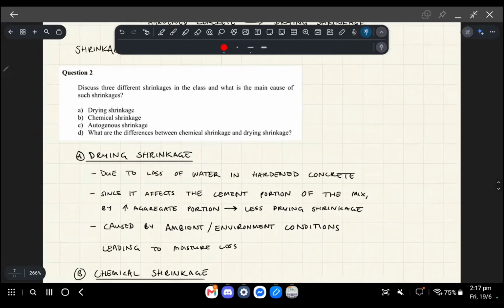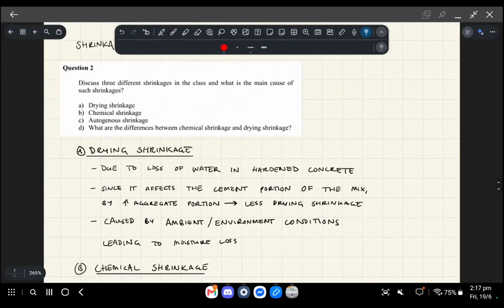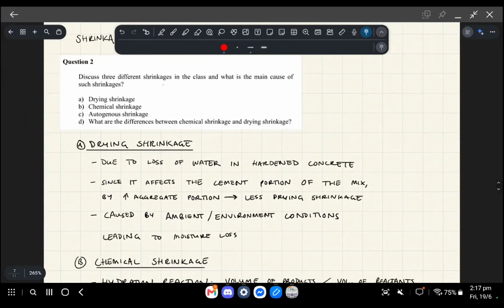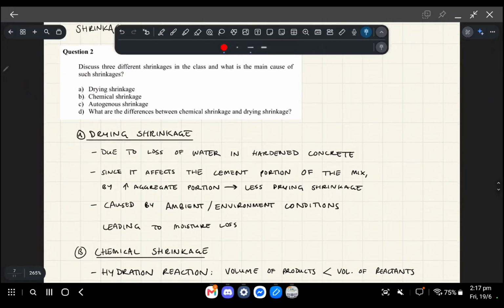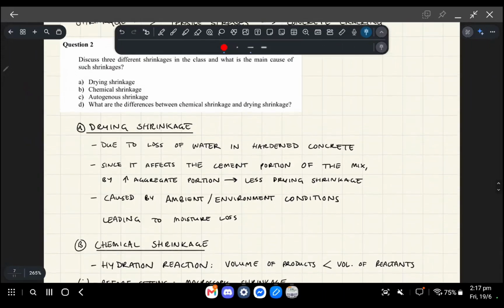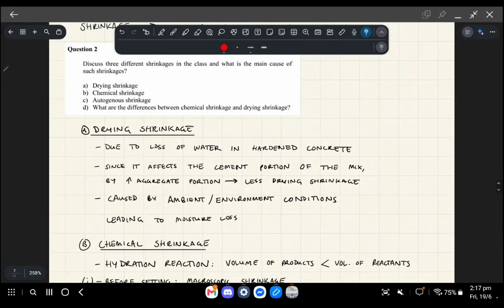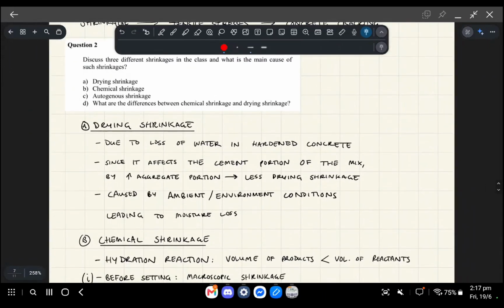All right. Question 2. Discuss 3 shrinkages in the class and what is the main cause of such shrinkages. Okay, part 1, let's discuss drying shrinkage. Drying shrinkage is when you've already got hardened concrete and you've got evaporation or loss of water.